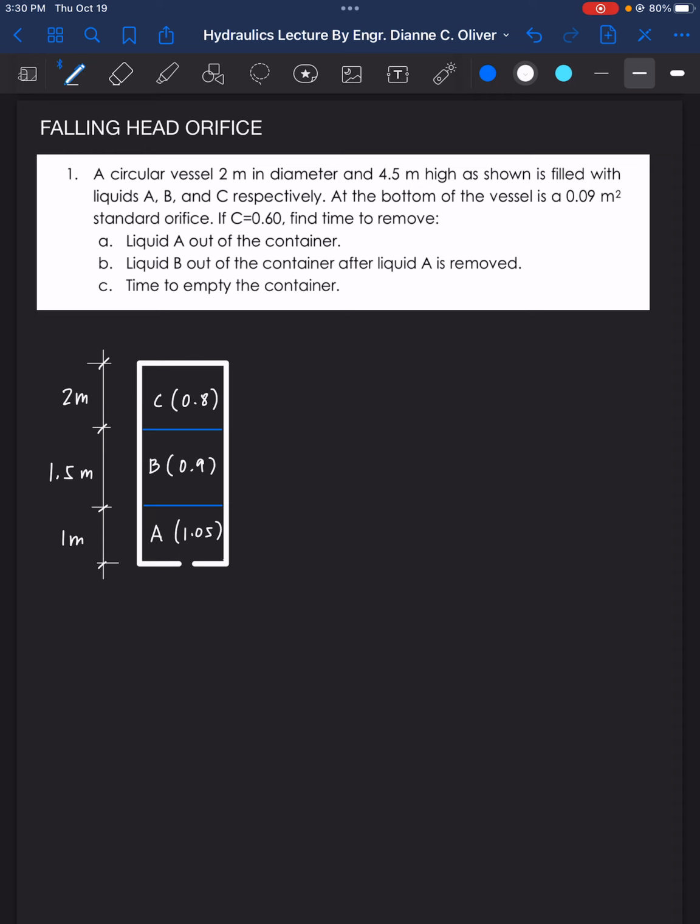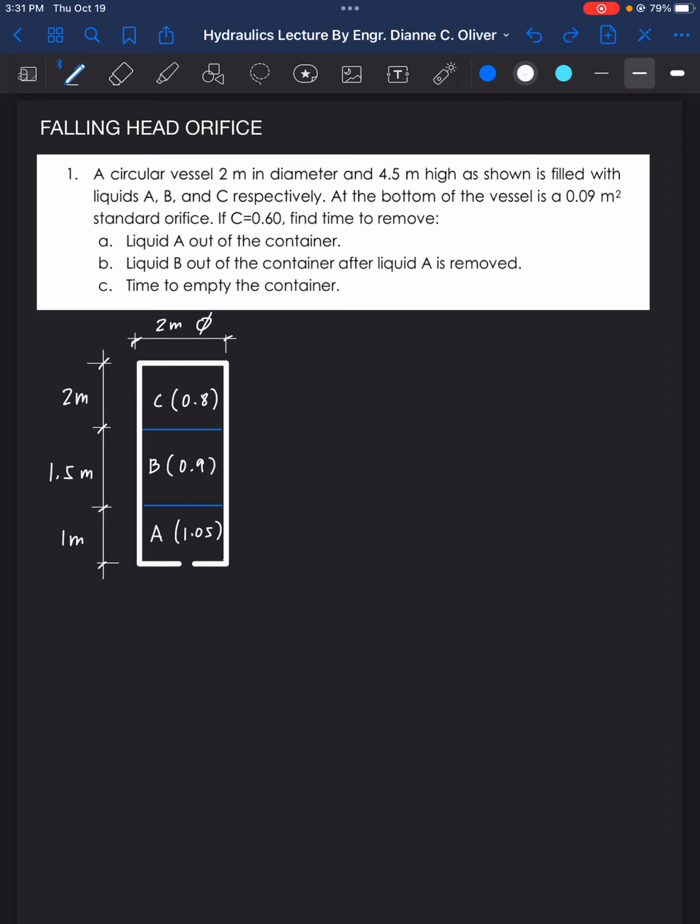The diameter here is 2 meters. Okay, so find the time T to remove liquid A, this liquid here, out of the container.